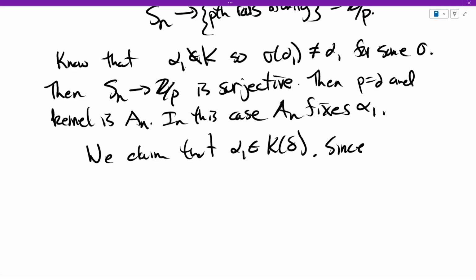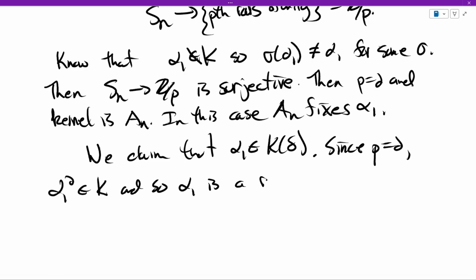Since P is equal to 2, we know that alpha 1 squared actually is in K. Not just alpha 1 to the P is in K, but P is 2, so alpha 1 squared is in K. And so alpha 1 is a root of T squared minus alpha 1 squared.